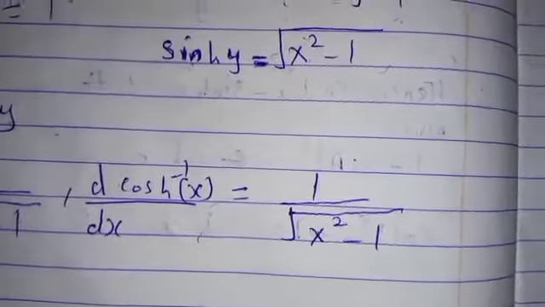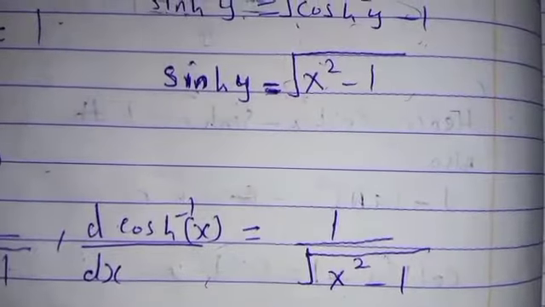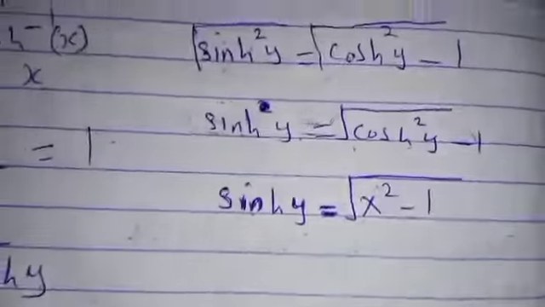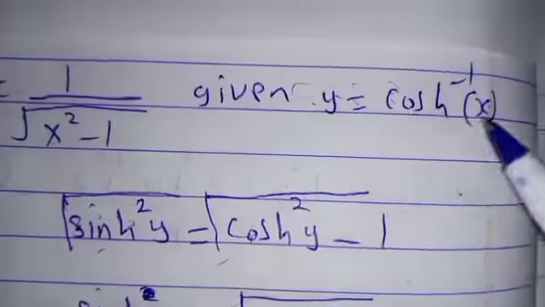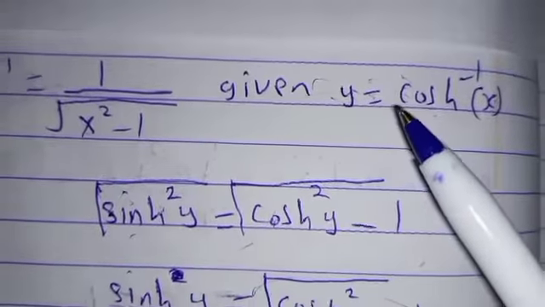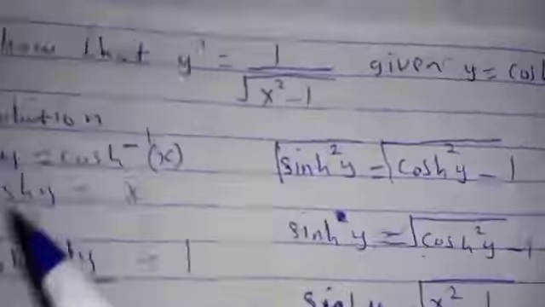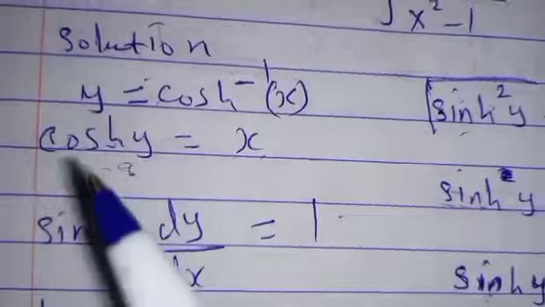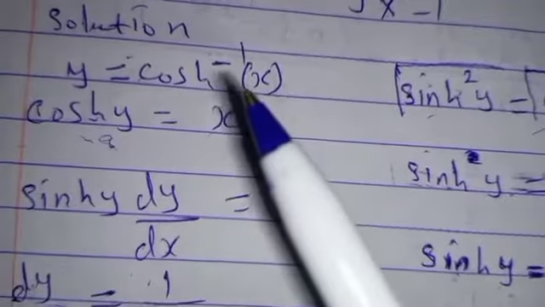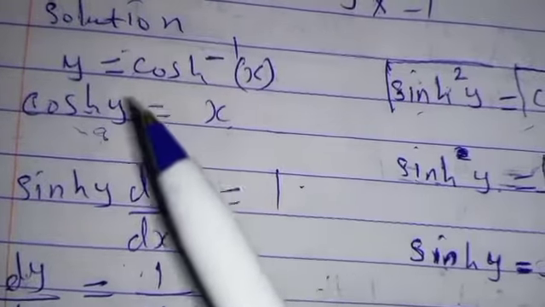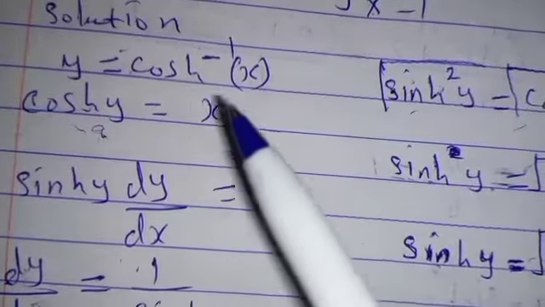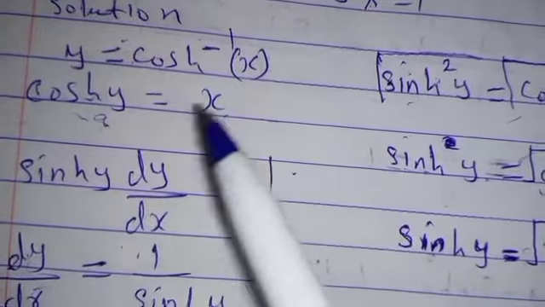So before we wind up, a bit of recap. To get the derivative of the inverse hyperbolic cosine of x, all you need to do is let y be equal to the inverse hyperbolic cosine of x, so that hyperbolic cosine of y is what we have.